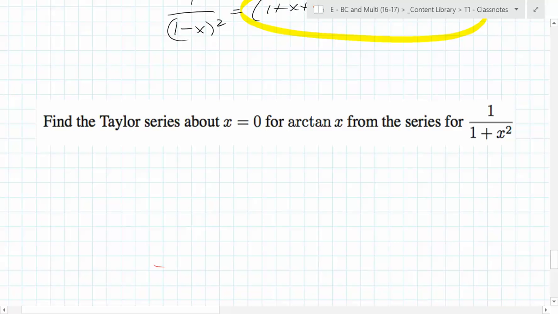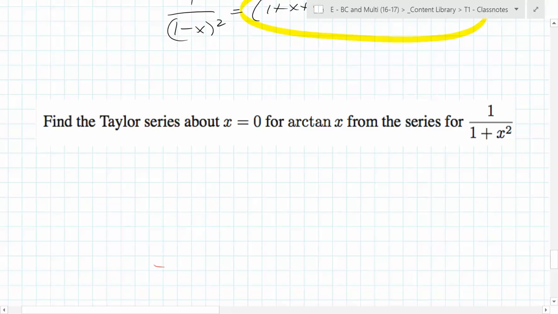So do what we did. Write out the series. Write this out in terms of a series.